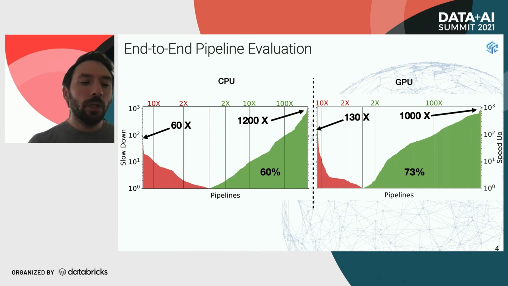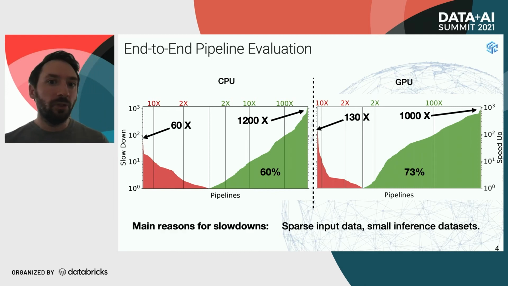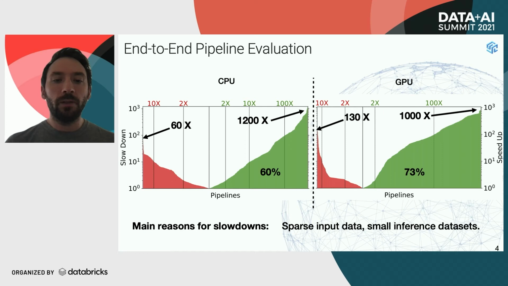The slowdown is mostly due to the fact that we ran all the OpenML pipelines, and some of them contain really sparse input data that doesn't get any benefit from GPU acceleration, and some of the models were really small, like a decision tree with 3 nodes, and in that case, the acceleration provided by Hummingbird doesn't help.